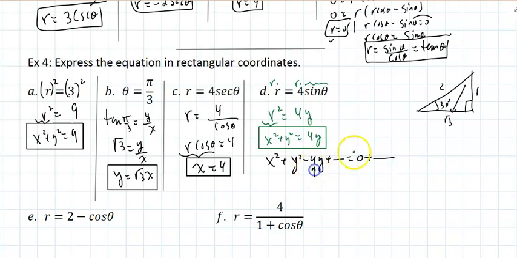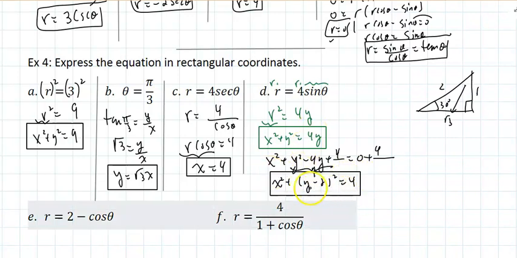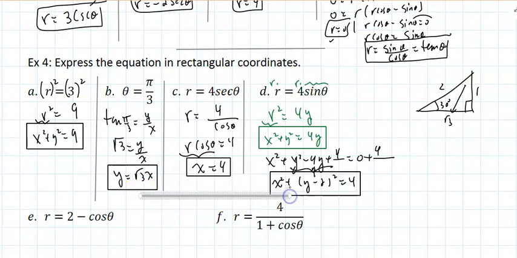They take half of the middle number, which is 2, and they square it. And they say this is x squared plus y minus 2 squared equals 4. So we know that's a circle with a center of (0, 2) and a radius of 2. You don't have to worry about that yet.